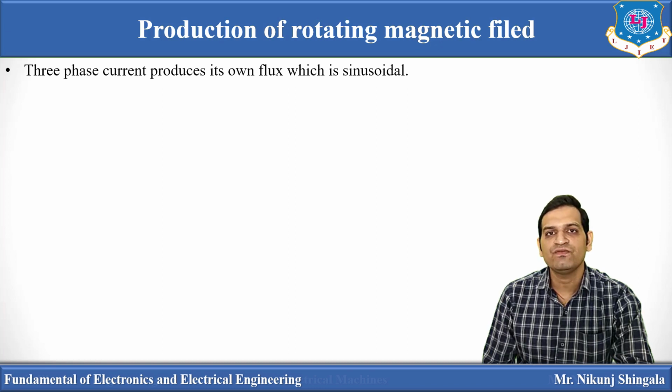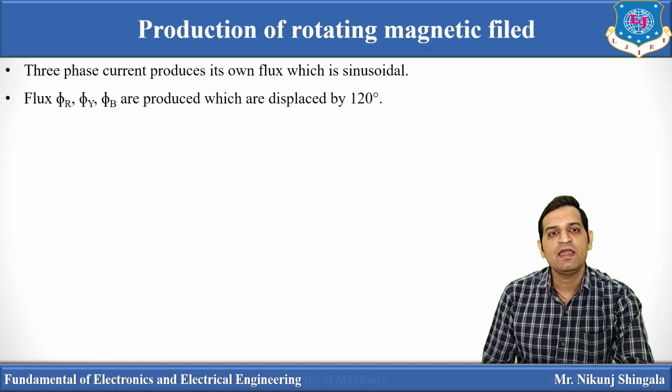So in each phase, sinusoidal flux will be produced, that is phi R, phi Y and phi B. Now, fluxes phi R, phi Y and phi B are also displaced by 120-degree from each other, because the currents are also displaced by 120-degree, so the fluxes are also displaced by 120-degree electrical angle from each other.